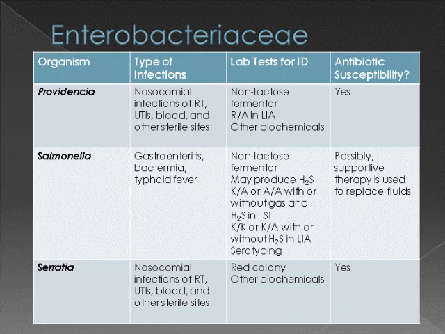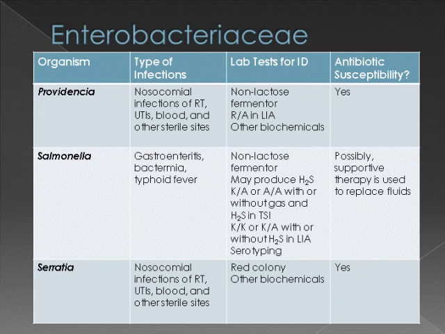Salmonella causes gastroenteritis, bacteremia, and typhoid fever. Lab tests for ID include it's a non-lactose fermenter. It can produce H2S. It will be K over A or A over A without gas and with H2S in the TSI.